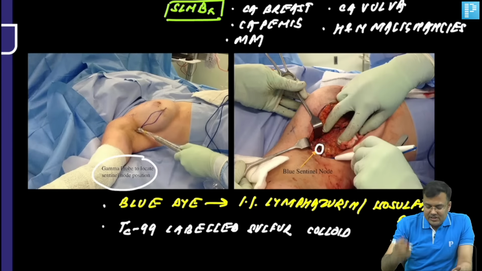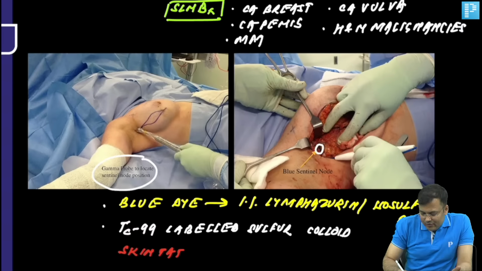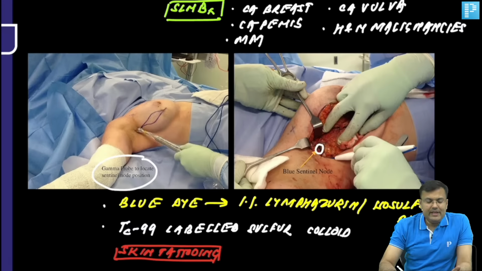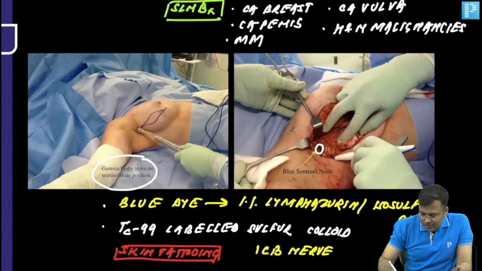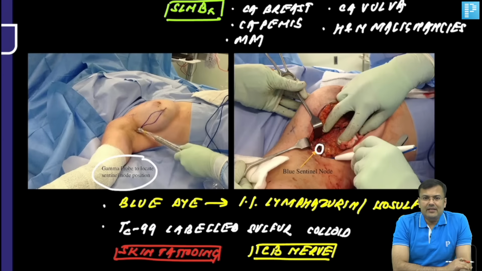I am repeating: the most common complication is skin tattooing, and the most commonly injured nerve is the intercostobrachial nerve. So, this is sentinel lymph node biopsy.